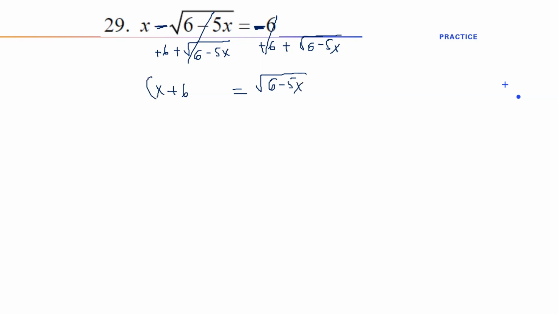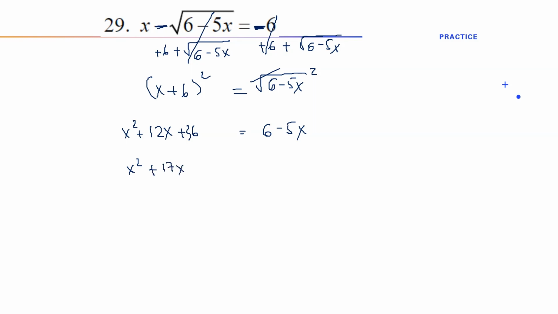Now I can square both sides. Alright, x squared plus 2 times 6 is 12x plus 6 squared, 36. 6 minus 5x on this side. Now combine like terms, x squared plus 17x.